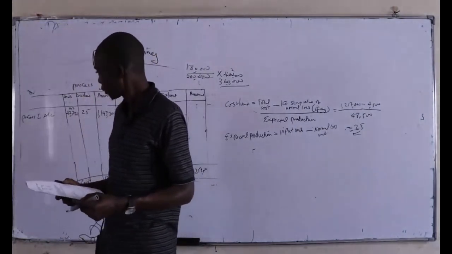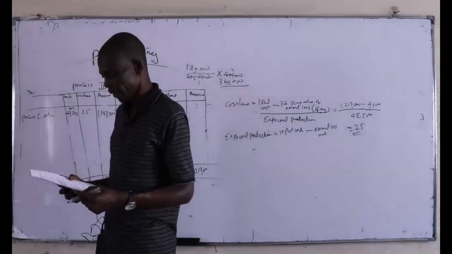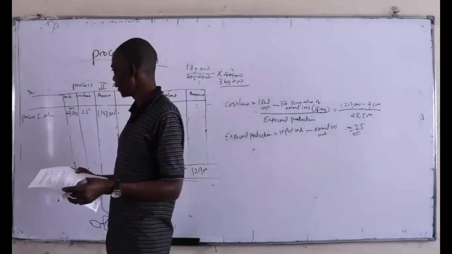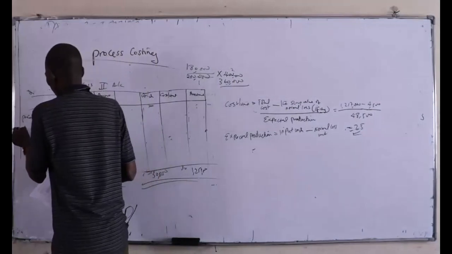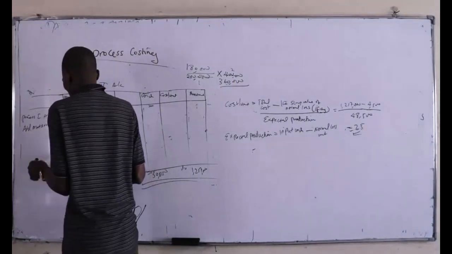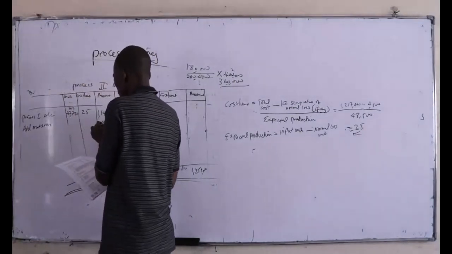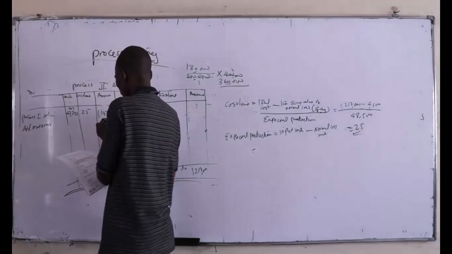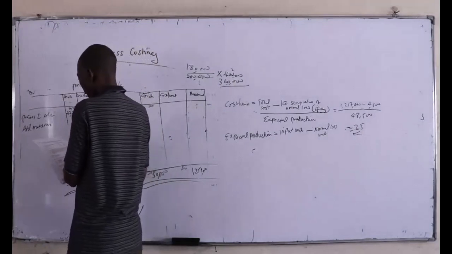What happens is that we look at the cost again, which are going to be incurred in this process. And here you can see the added materials, or the material that we are adding. We are going to add 2680. Then also we have direct labor.